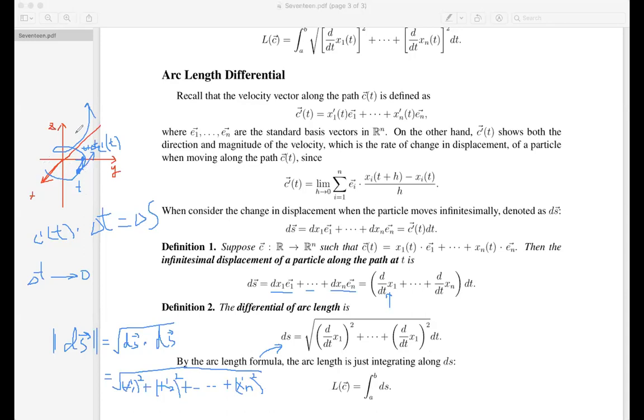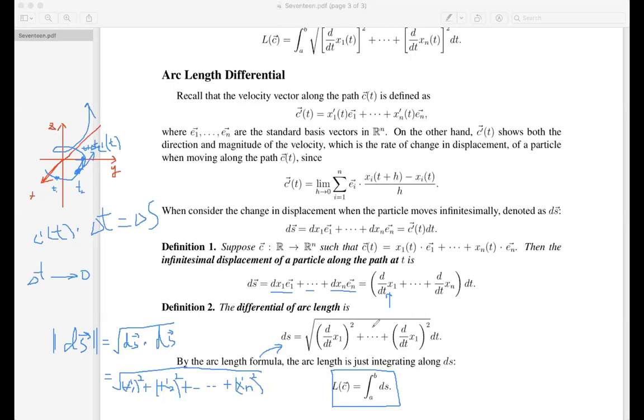Basically, you sum up all this differential of arc length, because this is the length of displacement at t, and you move on to the next part, next time, right? t1, t2, and when you're integrating along the path t, it becomes the arc length. Okay. Any questions?